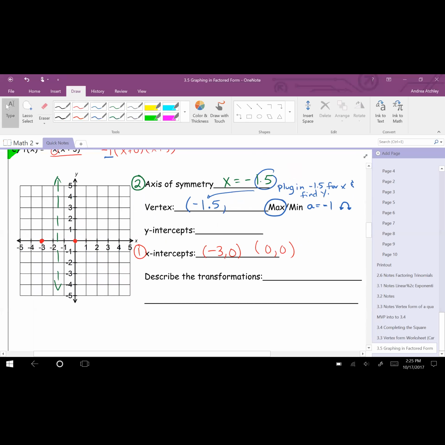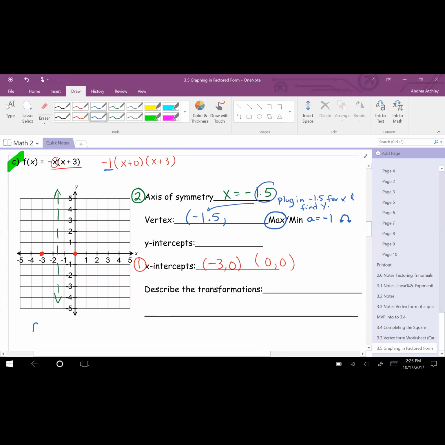So I'm going to take my equation, f of x, oh, not f of x. Well, I guess I'll write it here. My f of x equals negative x times x plus 3. I'm going to say x equals negative 1.5. So I'm going to plug that in.